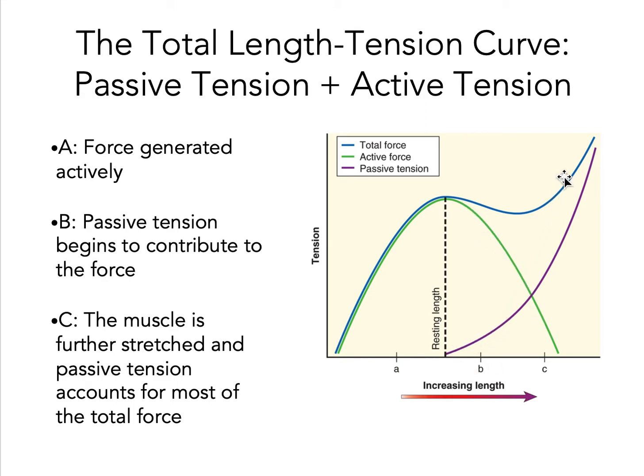We also have this passive length tension curve, which contributes to the total force production of the muscle. And finally, position C. The muscle is further stretched, and passive tension accounts for most of the total force, as we can see right here. Okay? So once again, the combination of passive tension and active tension allows us to generate a larger amount of force.